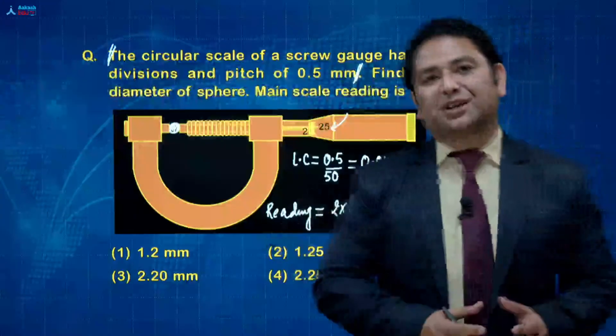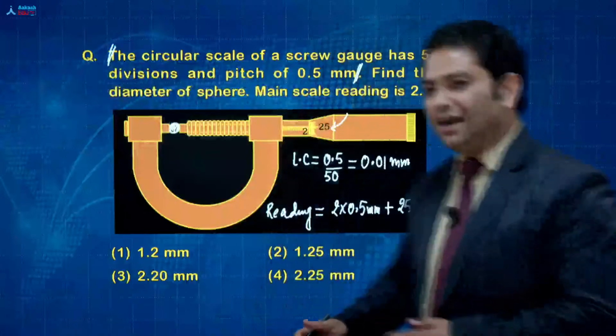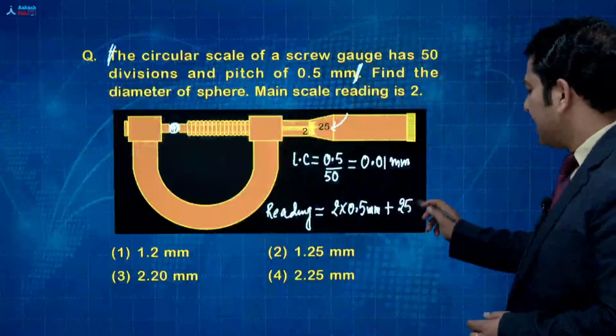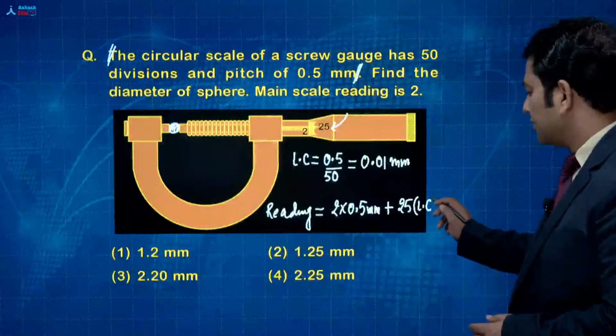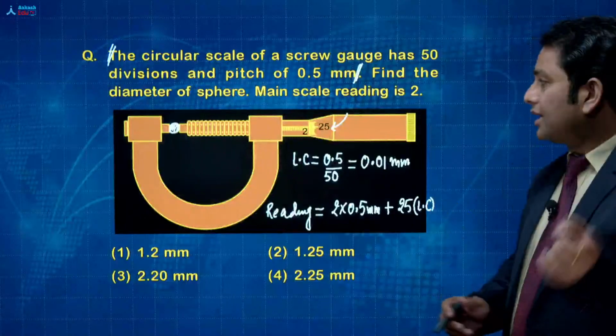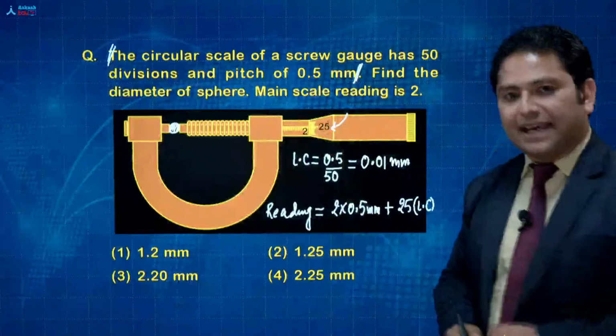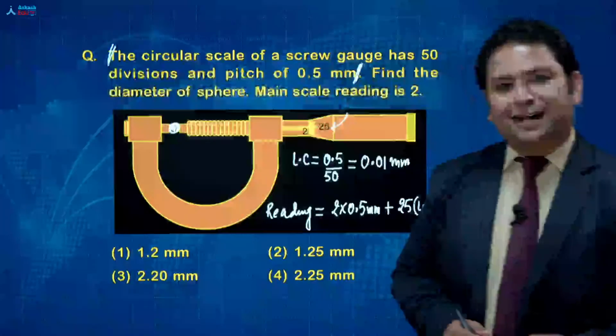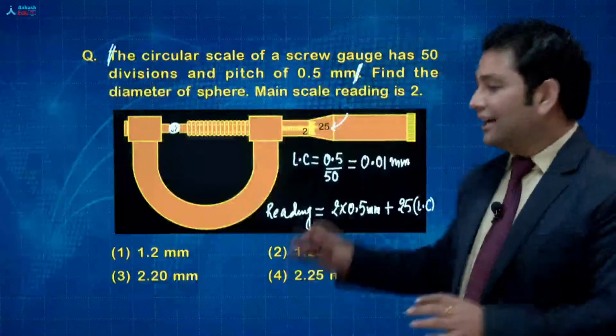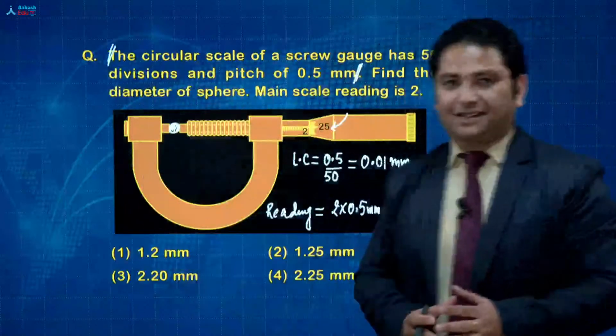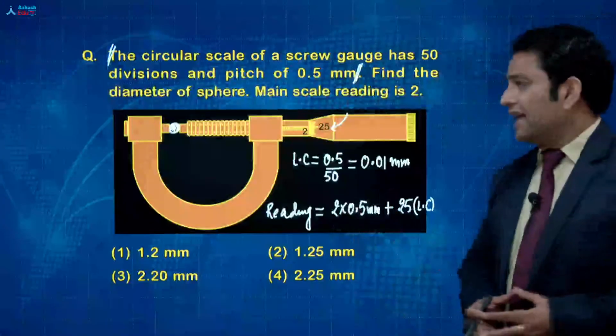Whichever division of the circular scale is matching with the main scale, you quietly write that multiplied by the least count. Least count of what? Least count of the screw gauge. Not the least count of the circular scale, not the least count of the main scale, but the least count of the entire apparatus. And we have already calculated its value.